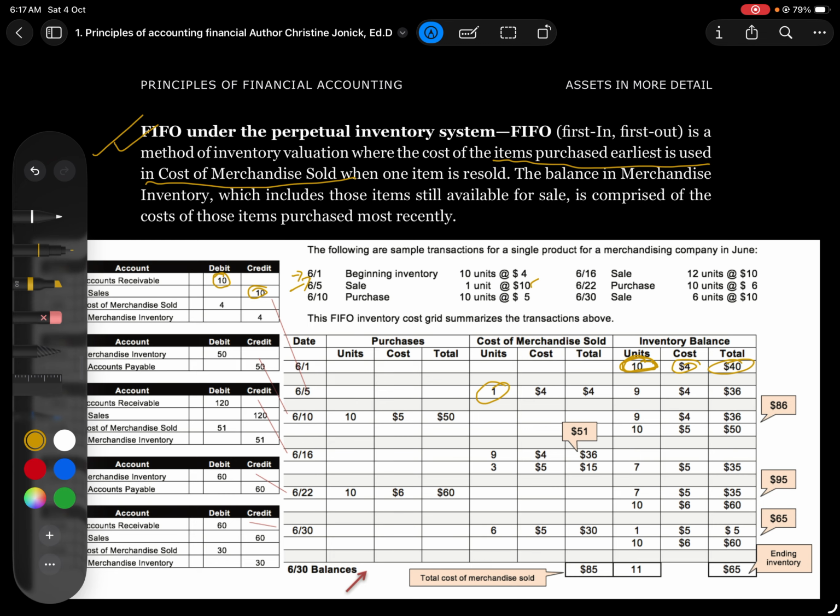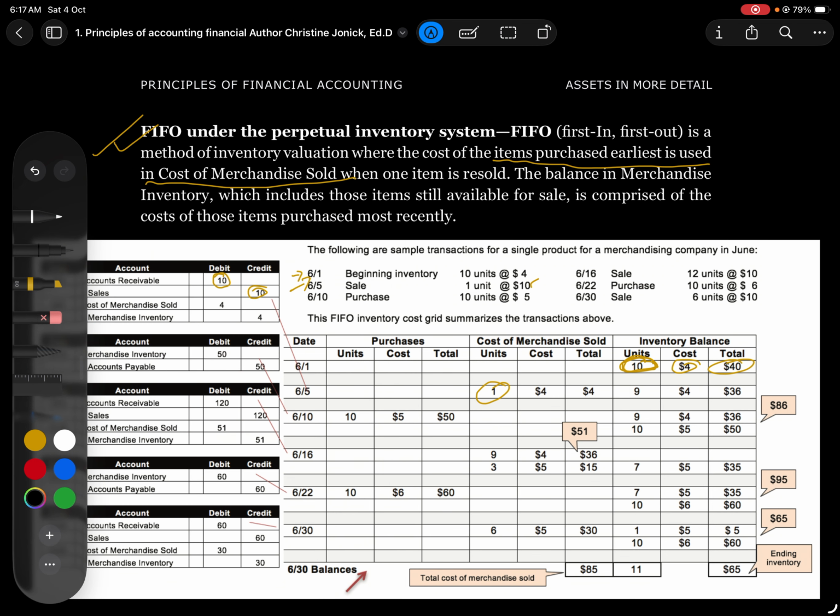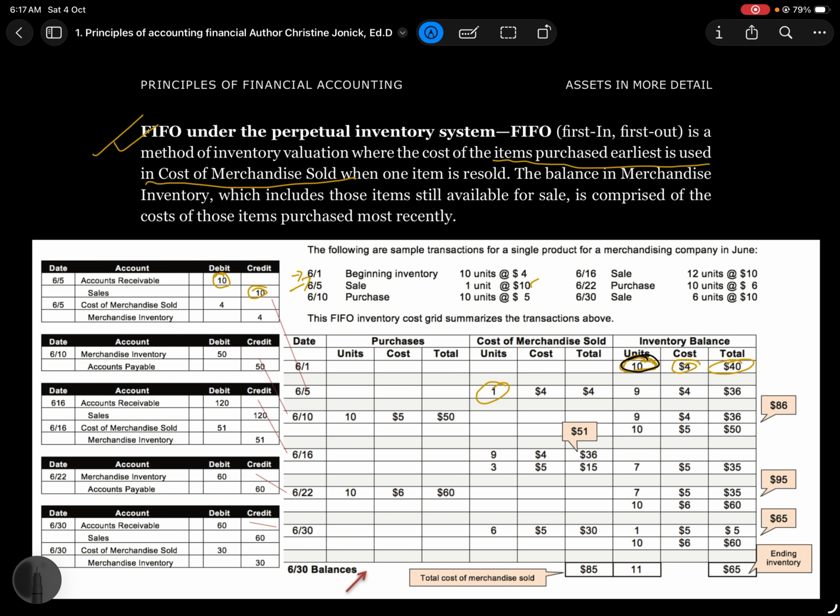So in that scenario, as you see over here, our cost would be 4 only. So our COGS is 4 and 4. You don't see any impact right away.